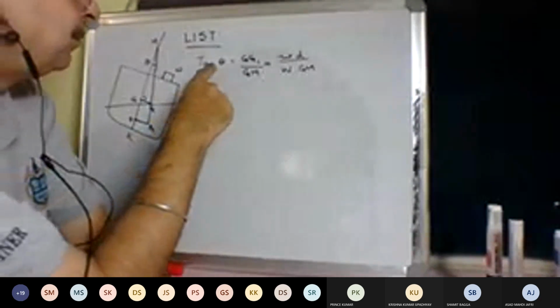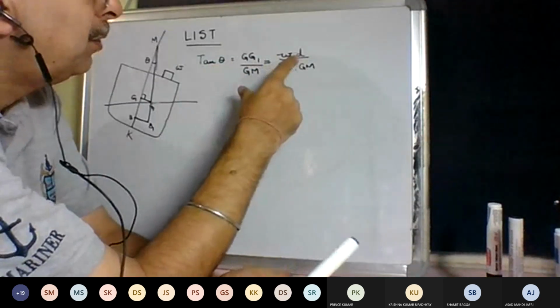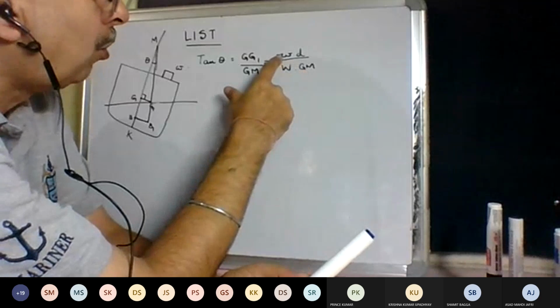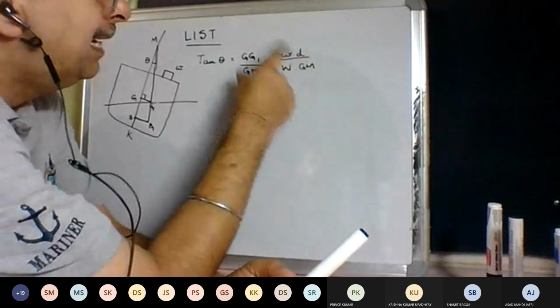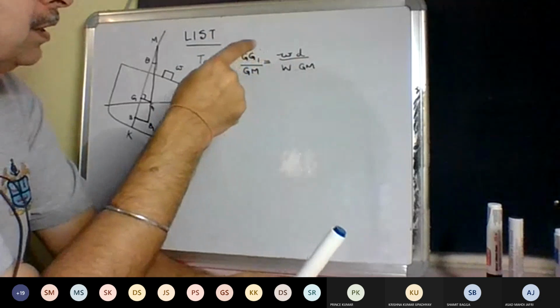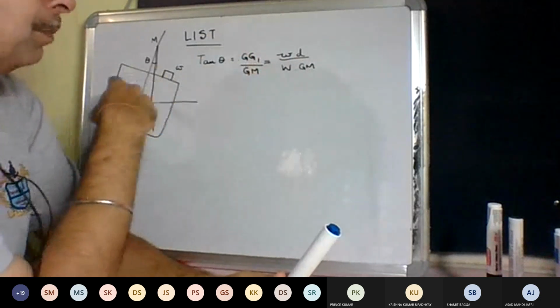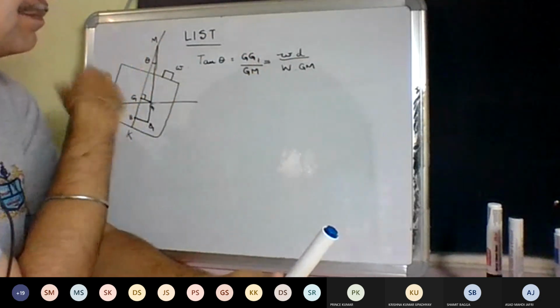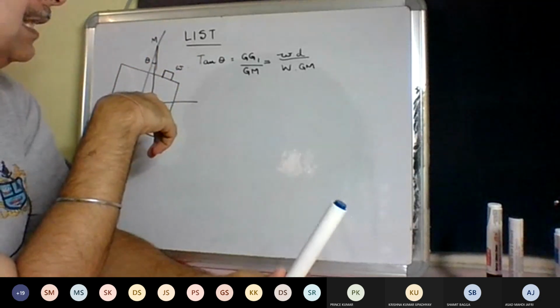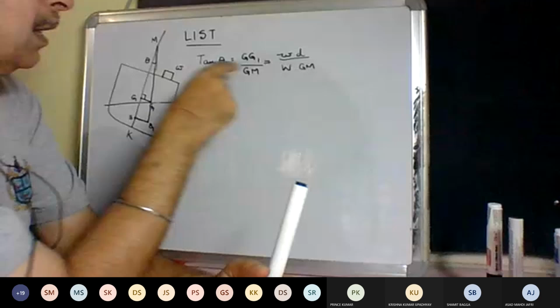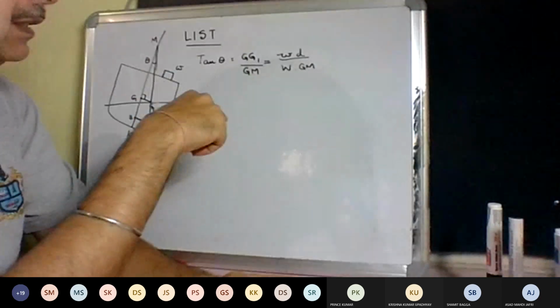So therefore, tan theta is equal to WD by WGM, where small w is the weight being loaded, discharged or shifted. D is the distance athwartship from the center line, which is going to cause the listing. Capital W is the displacement of the vessel, final.